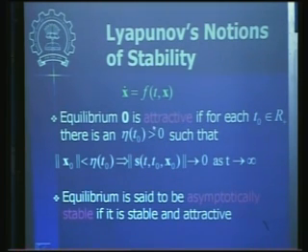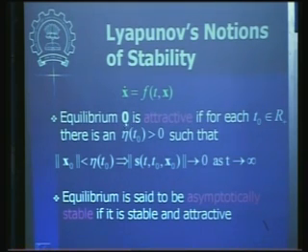Equilibrium 0 is said to be attractive if for each t0 belonging to R plus, there is an eta function of t0 such that when x0 starts in this ball of radius eta, then whatever solution is generated tends to 0 as t tends to infinity. So if any solution tends to 0 as t tends to infinity, then that equilibrium is called an attractive equilibrium.